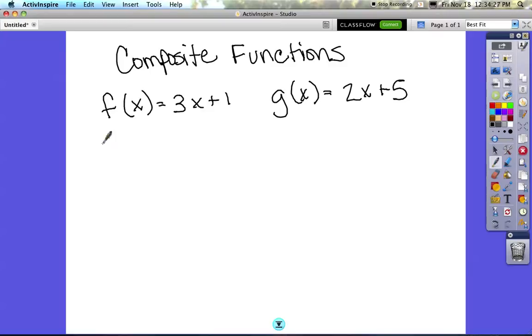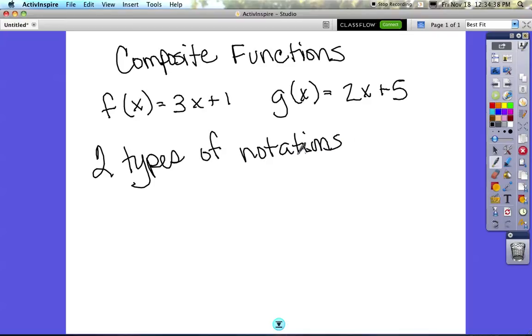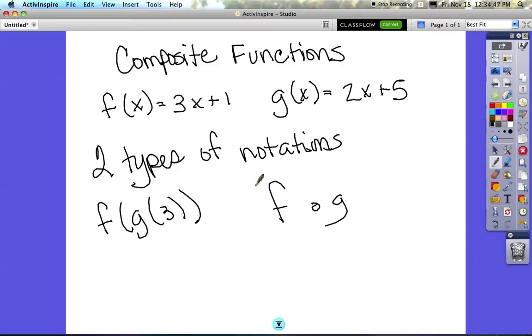Now, there are two different types of notation. Two main types of notations. You may see it written like this, or you may see it written like this. So write that down and I'm going to explain what that means.